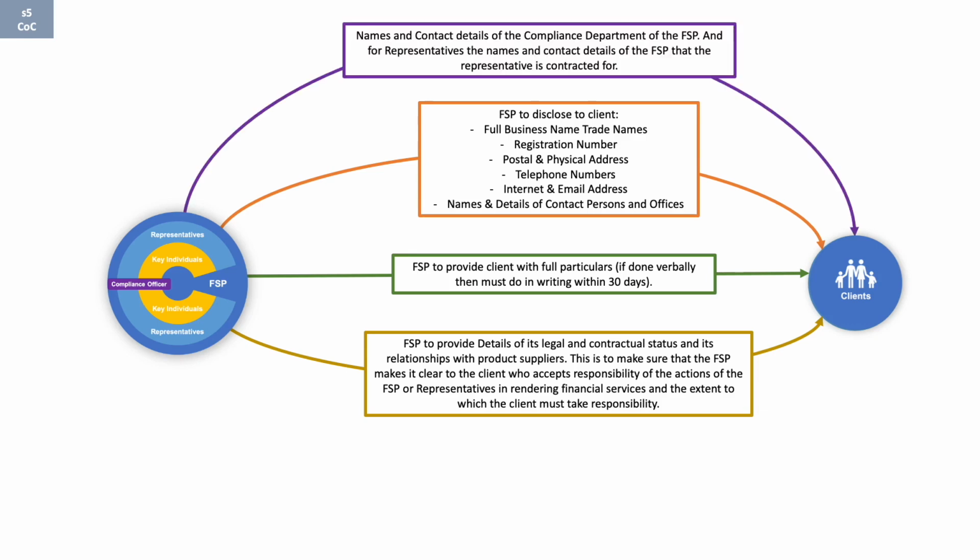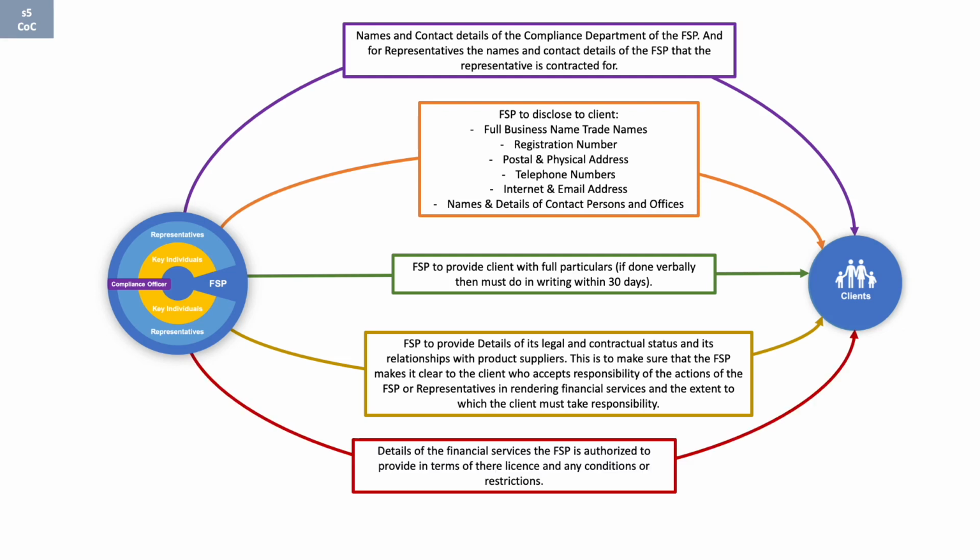The FSP is to provide names and contact details of its compliance officer and details of its compliance department, and for representatives, the names and contact details of the FSP that the representative is contracted to.